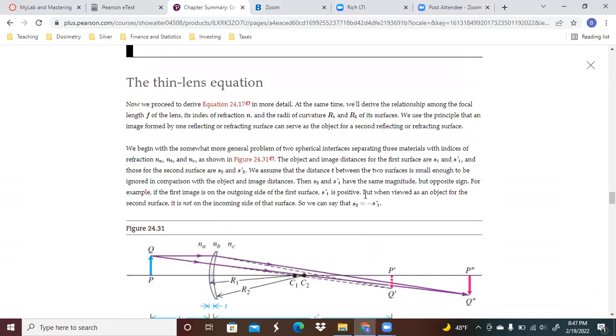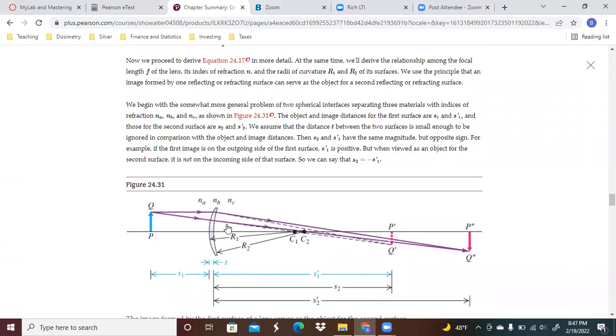So the thin lens equation, we're going to start with a general problem of two spherical surfaces, two spherical interfaces, separating three materials with indices of refraction Na, Nb, and Nc, as shown here.